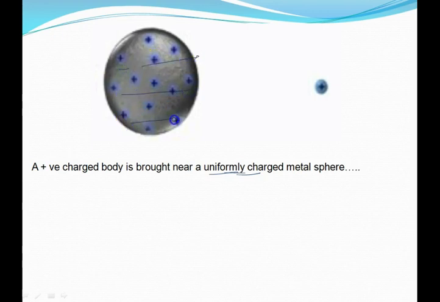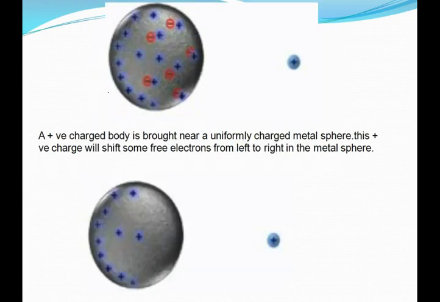Now, as the electrons come from this side to this side, here the diffusion will be there, and from this point where the electrons move away, more positive charge will accumulate here. It means at this surface positive charge density is decreasing, and here the positive charge density is increasing. You can read the slide.